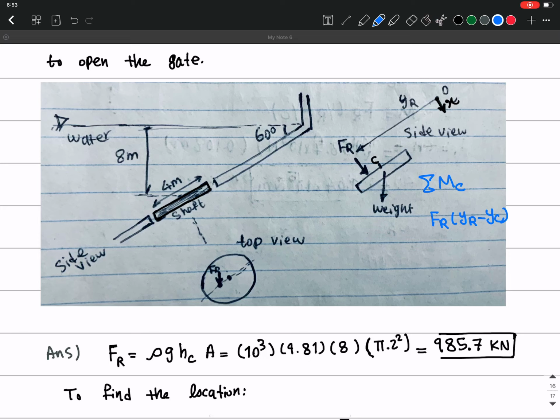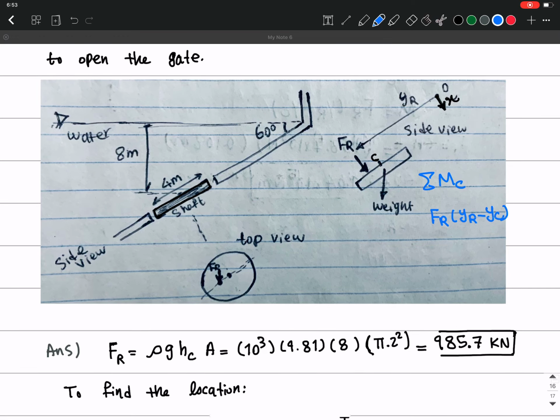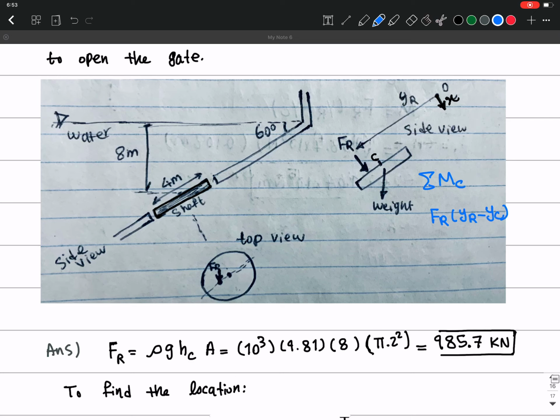And why do I calculate it around the center? The reason is we also have the weight, okay? If you were to calculate the moment around point O, the origin, then you would have FR times YR, which is going to give us this moment, but you also have the weight.